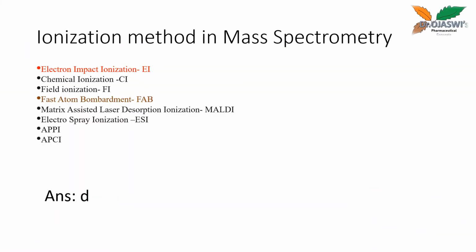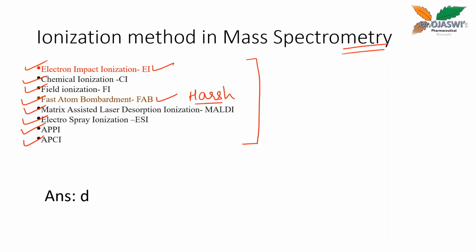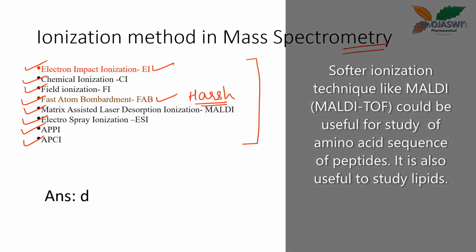Along with MALDI, there were many ionization techniques which we have seen: electron impact, chemical ionization, field ionization, fast atom bombardment, MALDI, electrospray, atmospheric pressure photoionization, and atmospheric pressure chemical ionization. Now among all these ionization methods of mass spectrometry, these two colored methods are the harsh methods of ionization, where the rest of the techniques you can consider as softer methods of ionization as compared to these two.